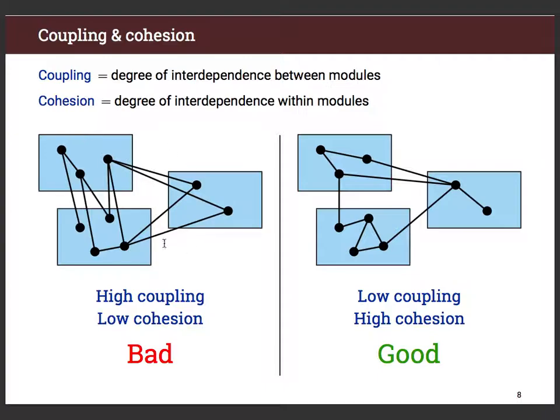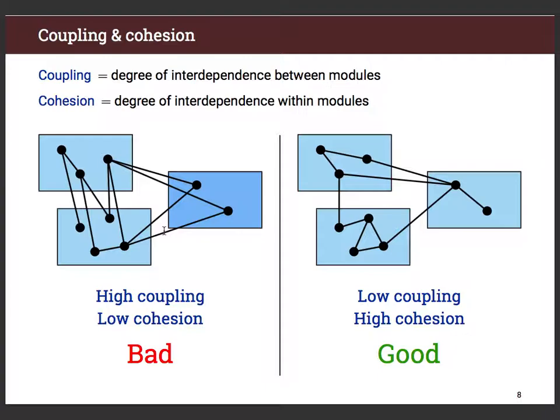Why do I want low coupling? If this module has to be replaced, maybe it gets a new user interface, maybe one of the API parameters changes slightly. If it's called from a lot of places in other modules, there are lots of other modules I have to update to replace this one module. So if I have high coupling, it's highly coupled to the other modules, then that means a lot of work.